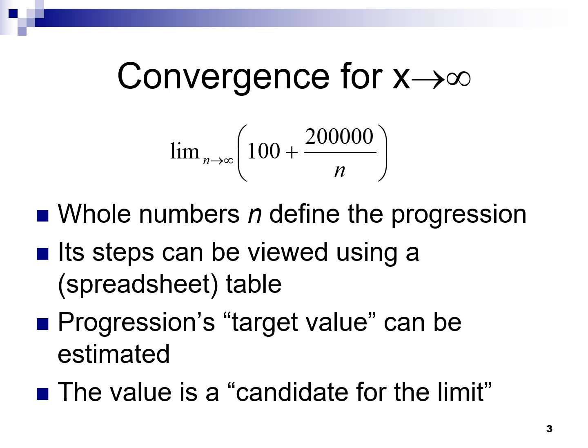And to make it easier to calculate, we use a spreadsheet table, and we are trying to learn what the target value is. We will estimate it, and this estimated value will be our candidate for the limit.